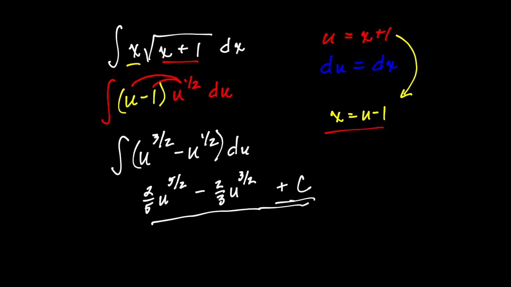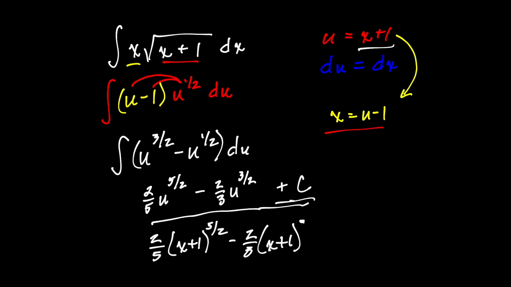So let's go ahead and resubstitute our u's. Resubstitute the x for the u's. So this would be x plus 1 raised to the 5/2 minus 2/3. U becomes x plus 1, and that's raised to the 3/2 and plus c.